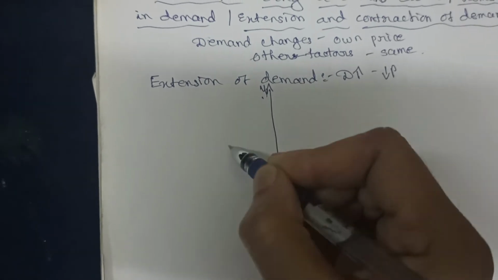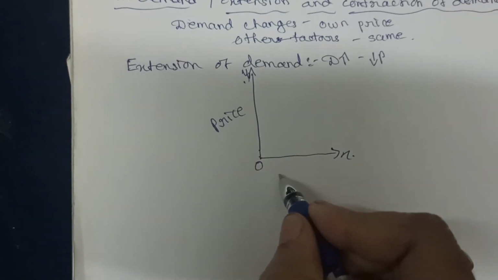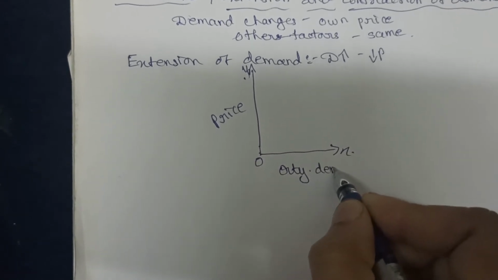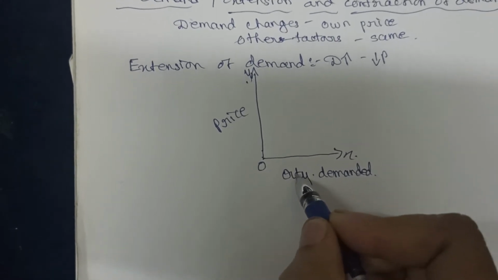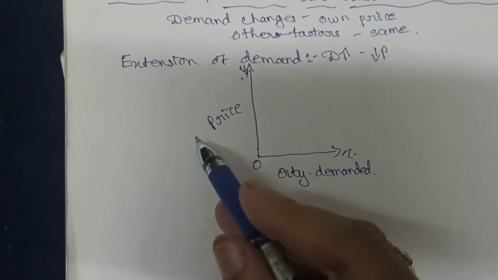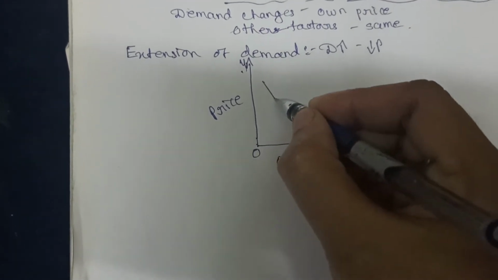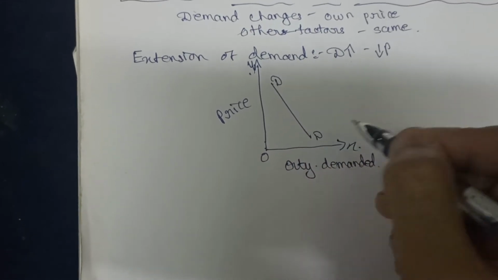What is shown on the x-axis and what is shown on the y-axis. Quantity demanded is on the x-axis, and price is on the y-axis. Then you have to draw the demand curve. So this is our demand curve.